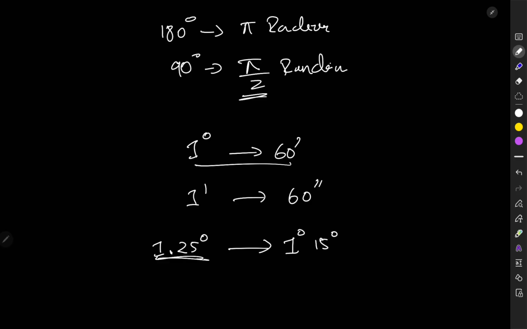Because 1 degree is equal to 60 minutes, then 0.25 degrees is equal to 60 minutes multiplied by 0.25, right? So it is basically divided by 4, if I'm not wrong. So you will get 15, right? So that's what is written here. Minute symbol is this, sorry. Okay, so yeah, this is the simple concept.